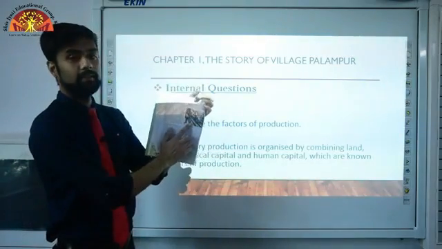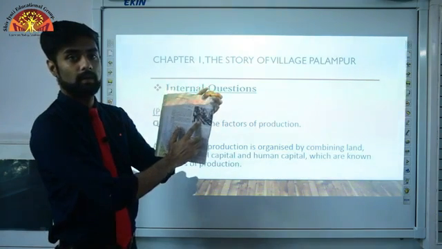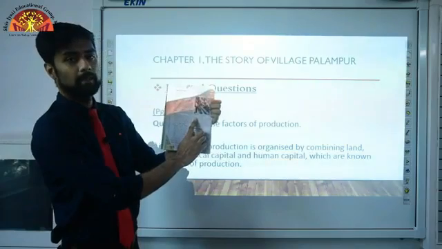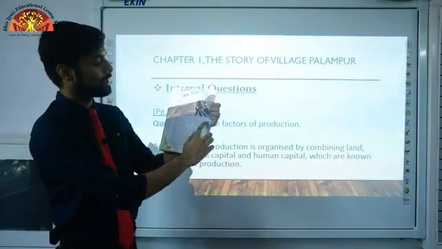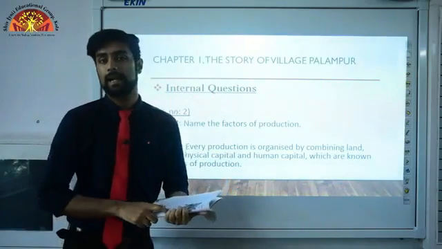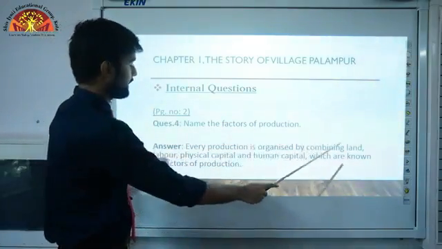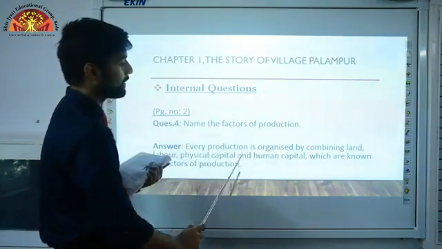Now mark it on page number 2. Here is a picture given. Just beneath that picture is a line starting with "Every production is organized by." Mark this line as I am saying. Every production is organized by combining land, labor, physical capital and human capital.